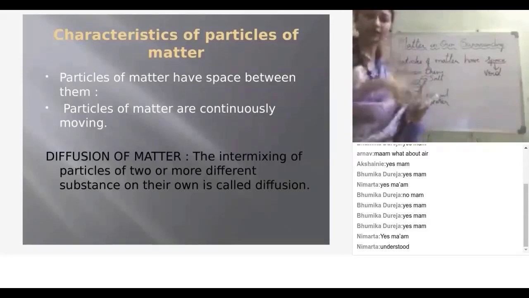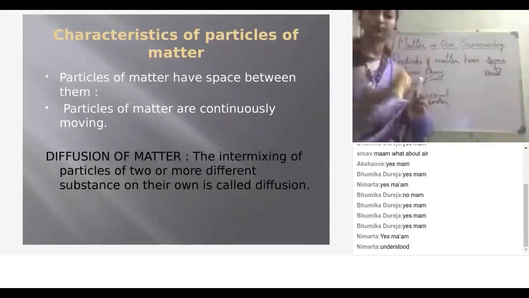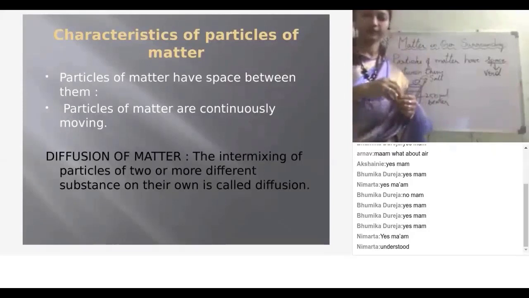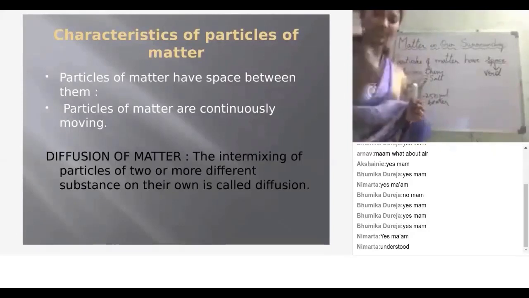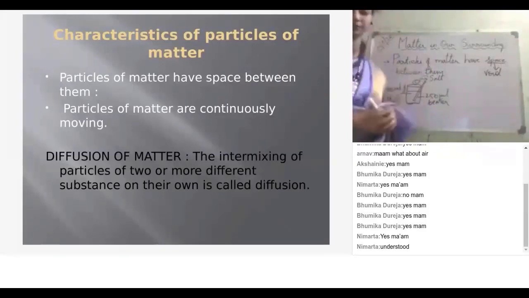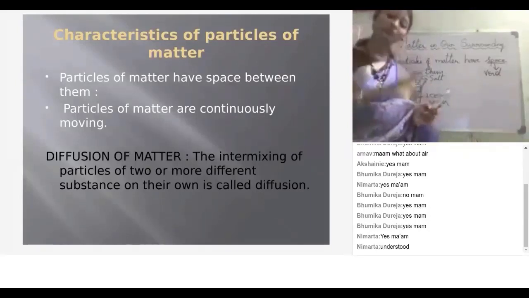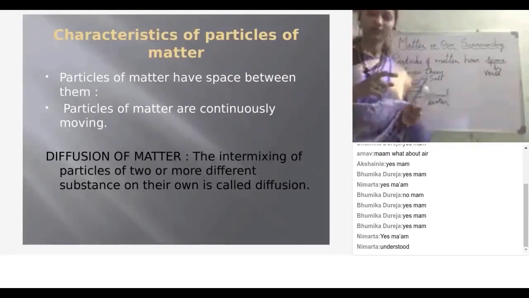Understood? So the continuous stirring gives uniform, homogeneous dissolving capability of the solute in the solvent by using the glass rod. This is the main reason. You have observed it in the activity also.